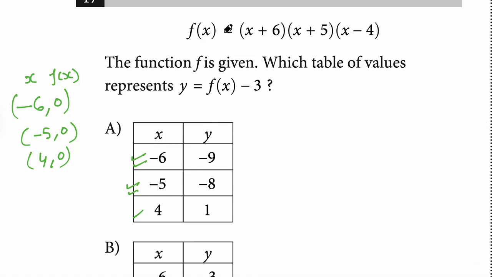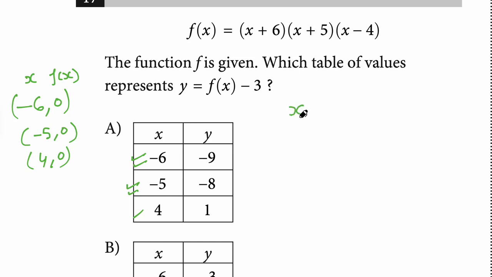But there is another way. What if I put f of x as 0 is equal to x plus 6, x plus 5 and x minus 4. Okay, let's not confuse ourselves. These are our inputs. I'll take the second method after completing the first one. So we don't have to calculate f of x. We have to calculate f of x minus 3.